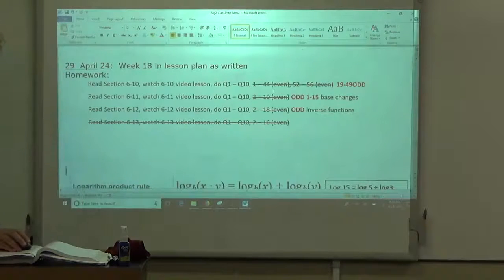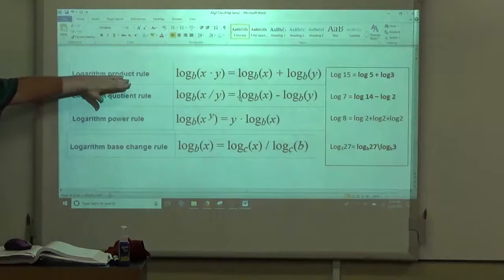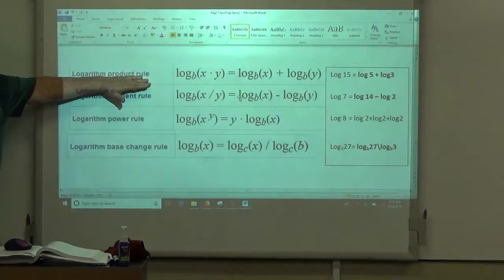Now again, this is review, but these are the logarithm functions that are part of this section. There's a thing that's called a product rule.